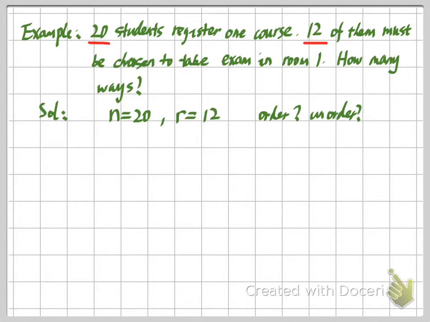We just put them into room 1. So that means the order is not what we are interested in. That's why in this question, what we want is an unordered arrangement. So if this question is about an unordered arrangement, in other words, this question is about a combination.